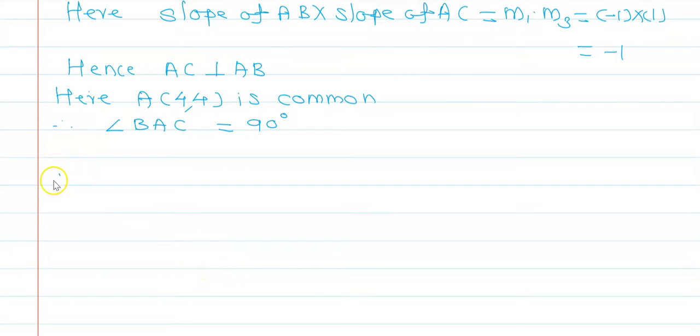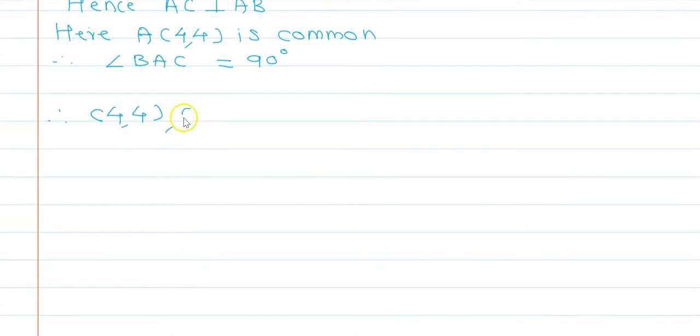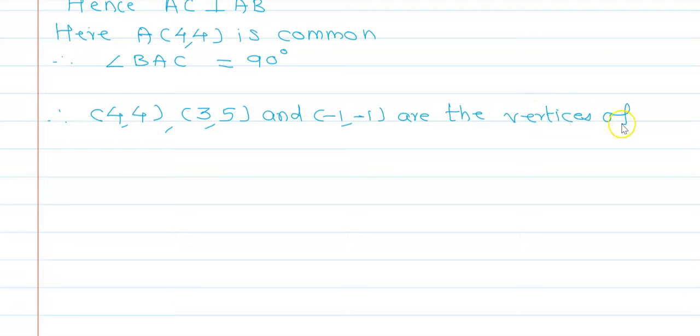And therefore (4, 4), (3, 5) and (-1, -1) are the vertices of the right angle triangle.